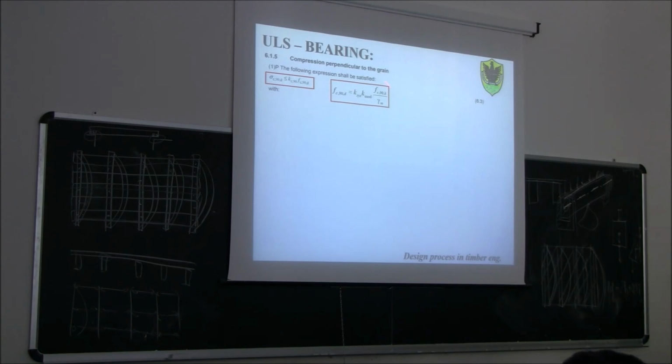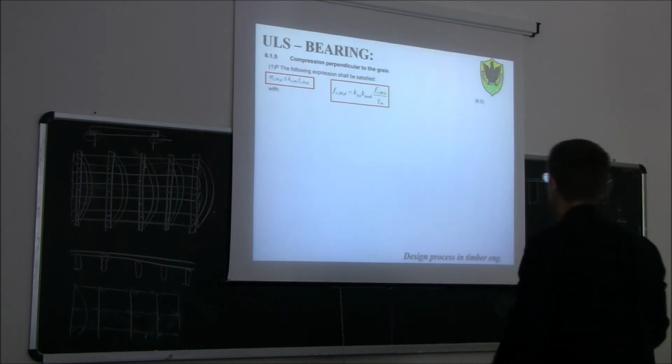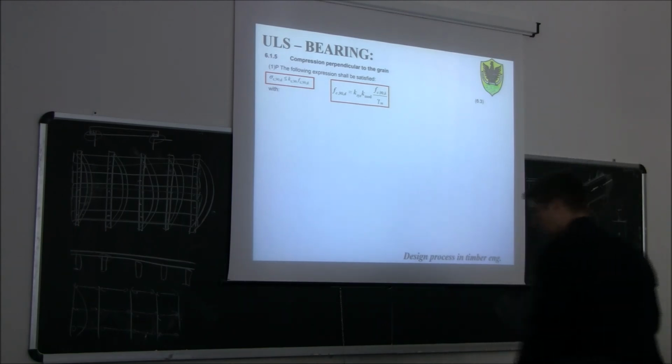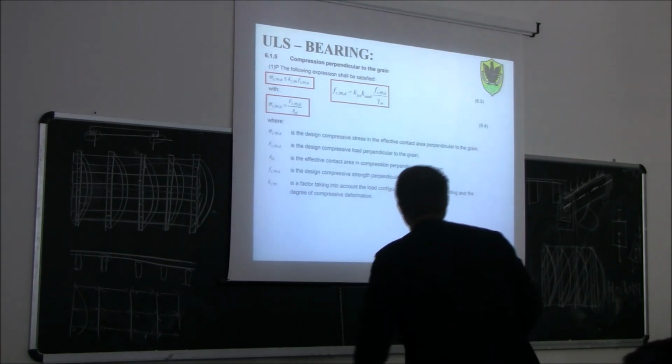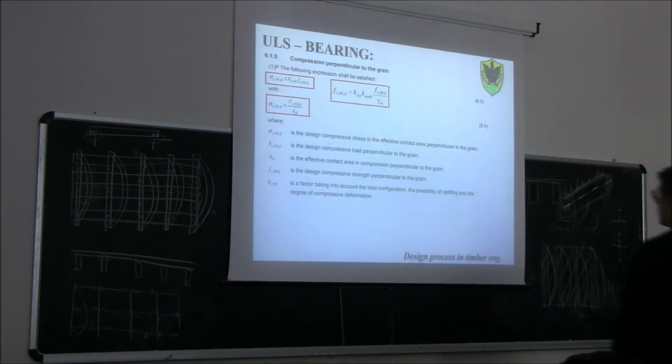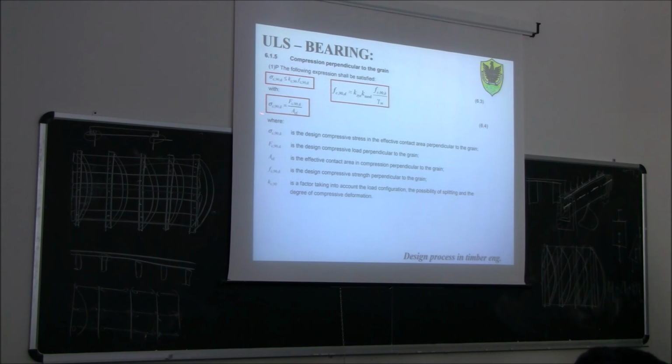The strength is calculated as usual, ignoring in this case the size factor coefficient, because we're talking about compression. And then we have to calculate the demand strength by dividing the design compressive load perpendicular to the grain by the effective contact area in compression perpendicular to the grain.